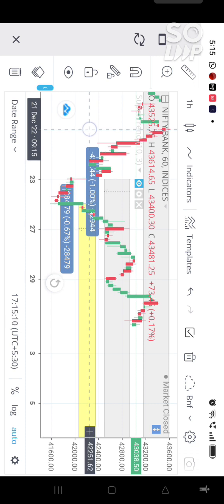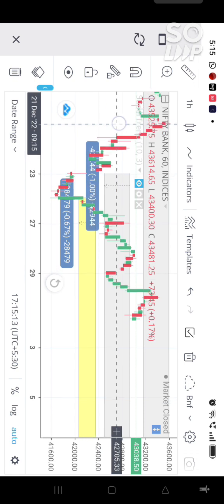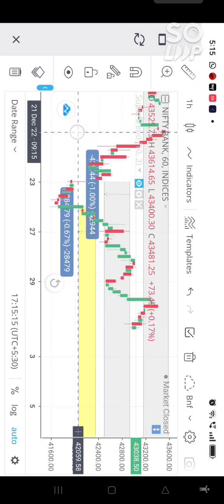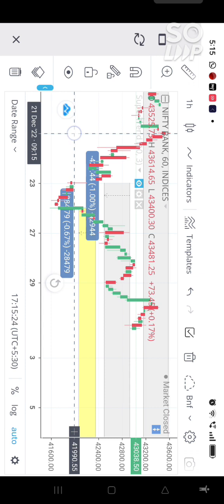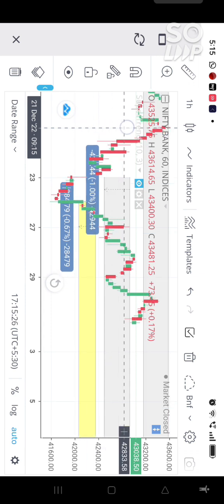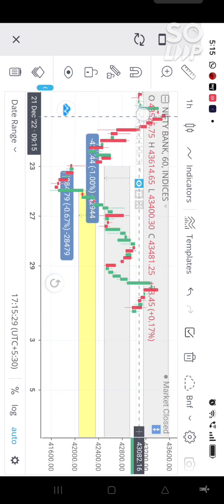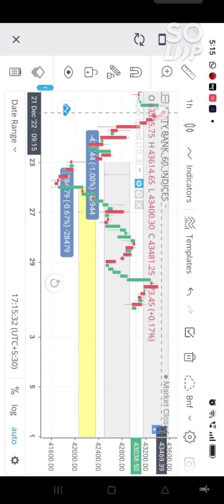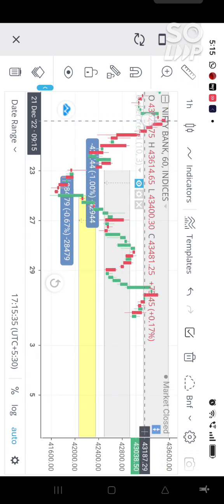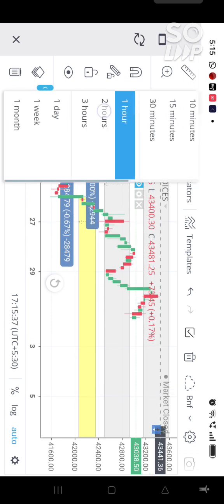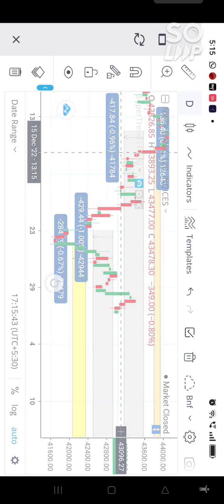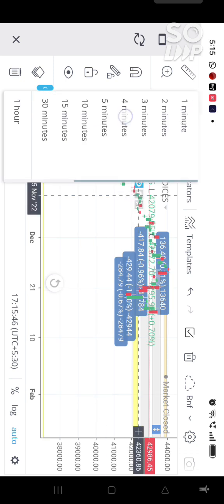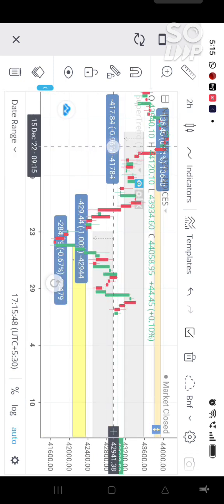If it happens, I will be a buyer over here, and my target would be, first, once we enter, we have to see the stop loss. So my stop loss will be somewhere here, 41,990. Then this daily supply zone will also break, that's what I'm expecting. So my target will be somewhere in the 2 hours chart itself.